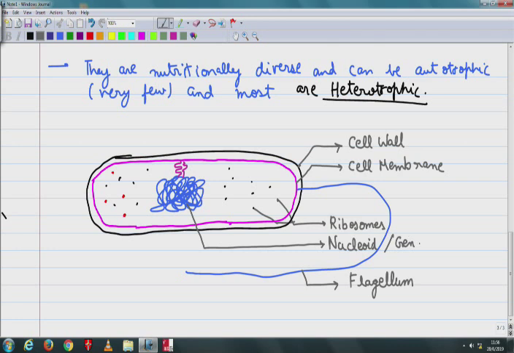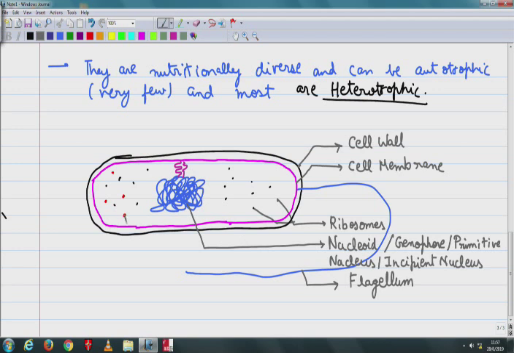Genophore or primitive nucleus, incipient nucleus, okay.